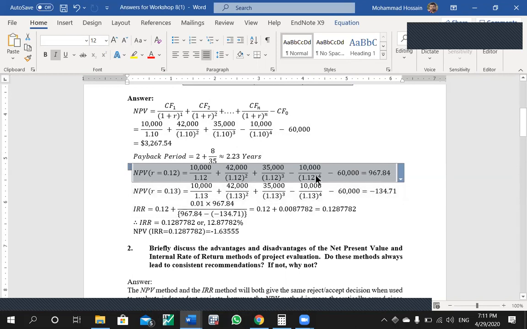So we see that it will be in between 12 and 13. Also, we can see minus 138 and 967, so I will say it will be close to 12. Sorry, close to 13 actually. 13 is giving you a minus figure, so it will be in between 12 and 13. And I also believe it will be more than 50% of 12.